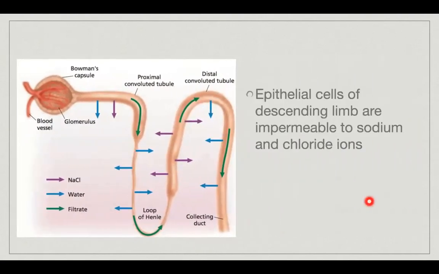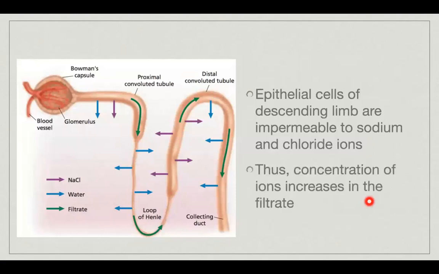The epithelial cells of the descending limb, that's this part, are impermeable to sodium and chloride ions. That means that sodium and chloride ions cannot leave going down. So the concentration of ions increases in the filtrate. Just to be clear, you are actively transporting solutes out of the filtrate back into the tissue surrounding the tubule.